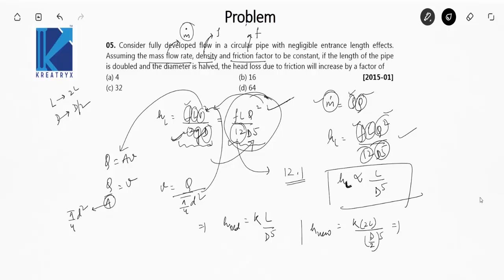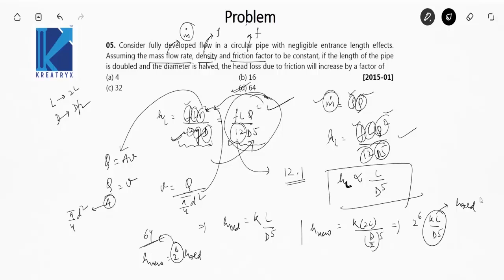That implies 2 raised to the power 6 KL by D raised to the power 5, which is H old. So H new is 2 raised to the power 6 times H old, and 2 raised to the power 6 is 64. So the head loss due to friction will increase by a factor of 64.